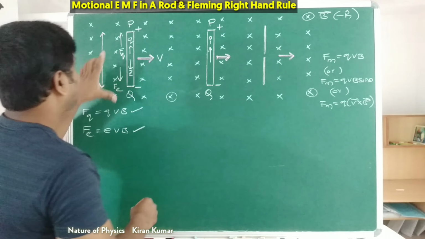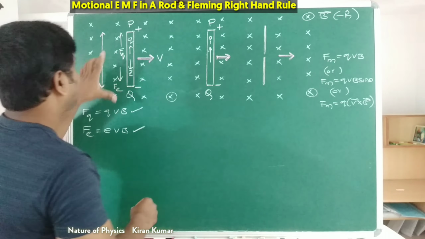This is the P end and this is the Q end. The P end is positive and the Q end is negative. Like this, EMF is induced in the rod due to the motion of the positive charge towards P and the motion of the negative charge towards Q. At the P end positive charge is established and at the Q end negative charge is established. Due to that, a potential difference is developed in the conductor. That potential difference is called induced EMF.